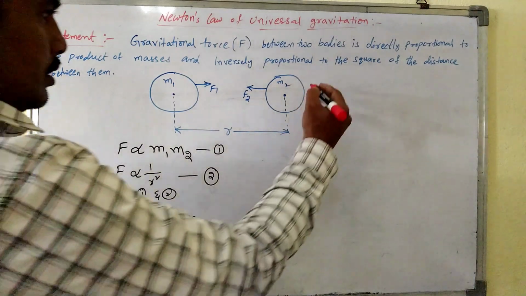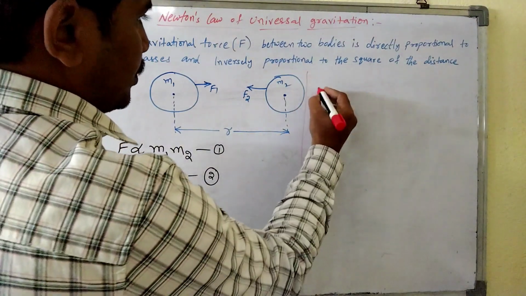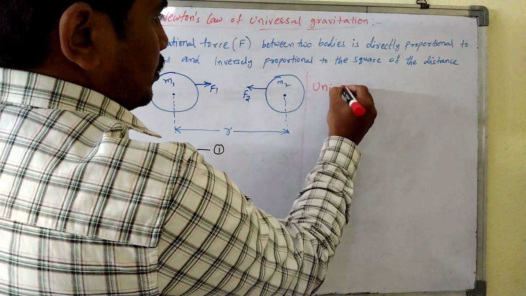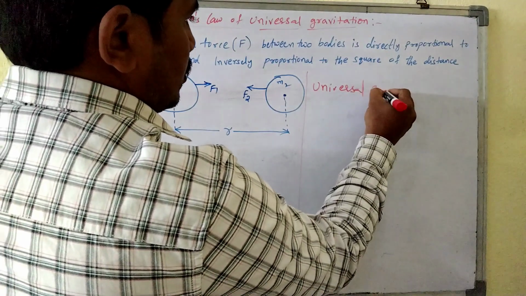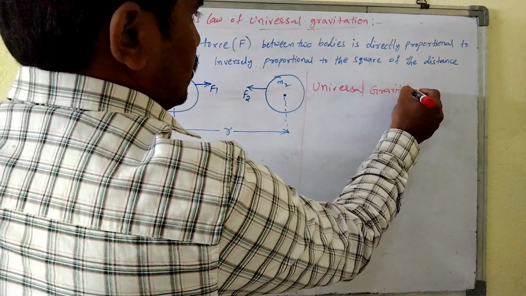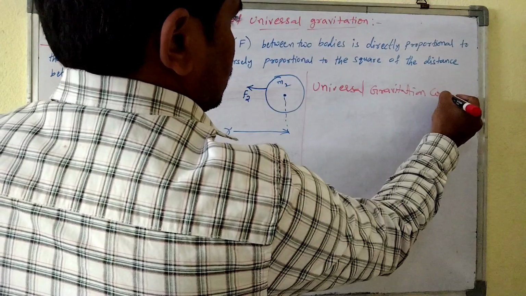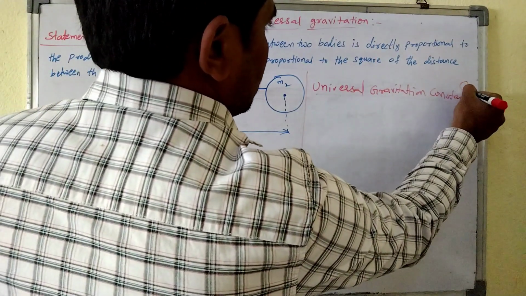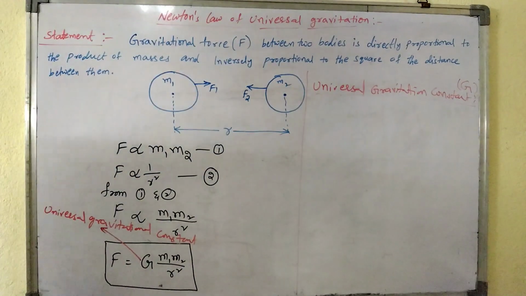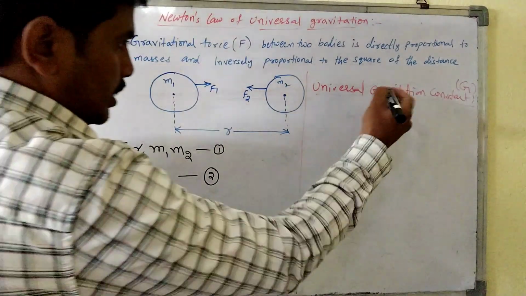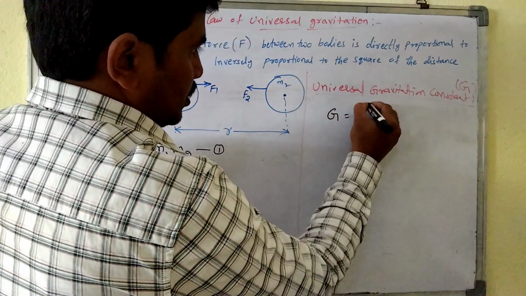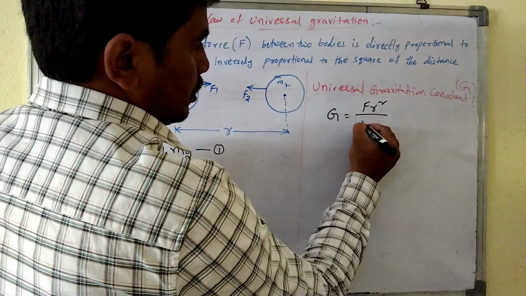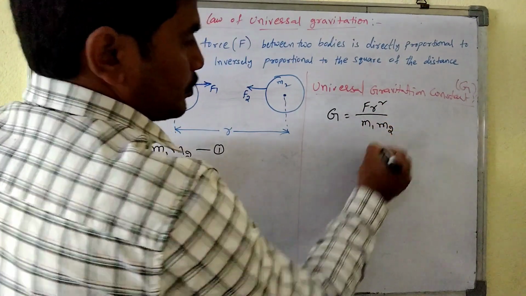Let us go for the universal gravitational constant, capital G. To write the formula for that, we can write G is equal to F r square by m1 m2.